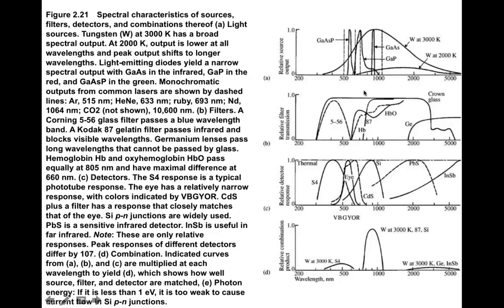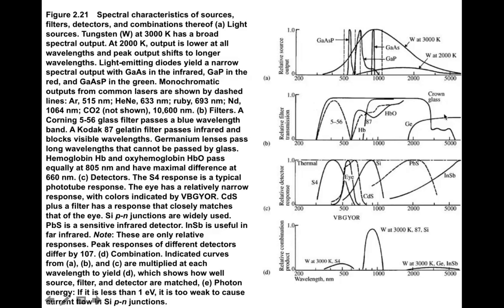Here's a figure that indicates for glass, for germanium, for different materials, what they actually will pass and how they'll pass it. You can see here crown glass has a really flat area. If you don't want your filter to impact your output light, then that would be a good one to use.